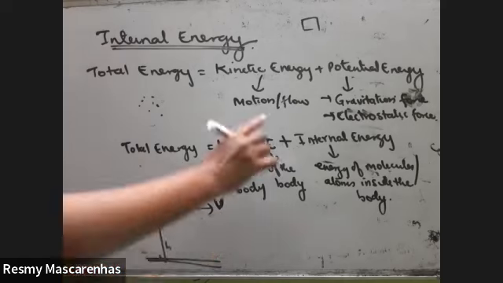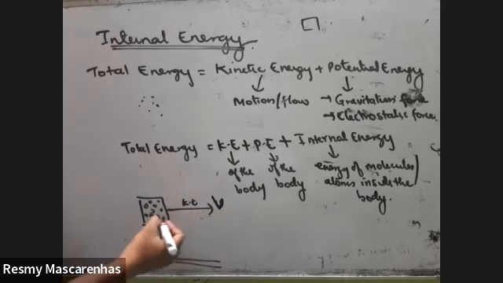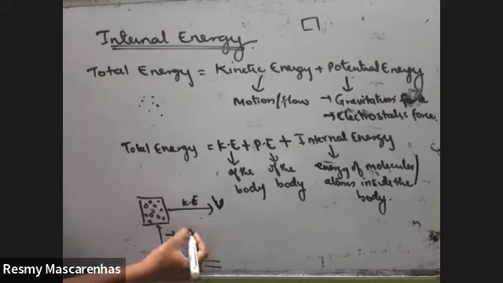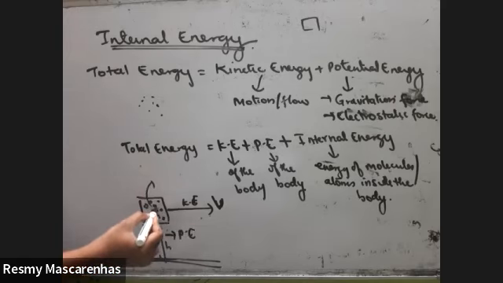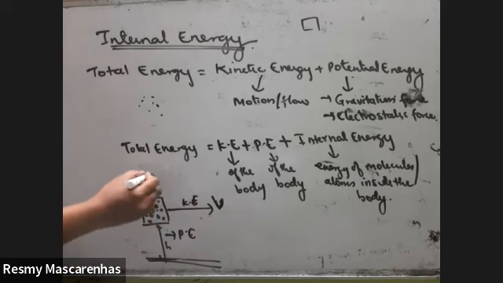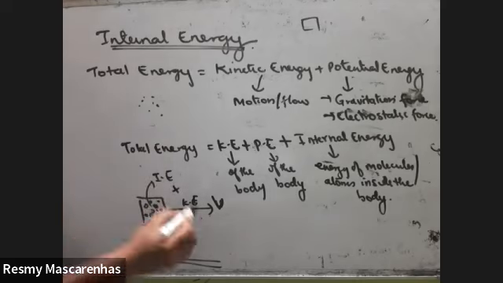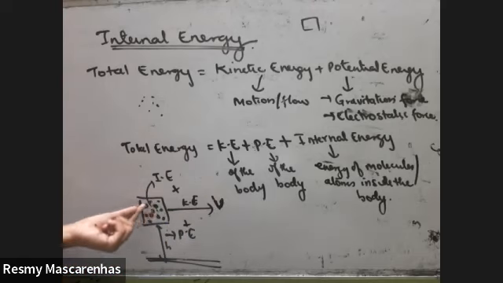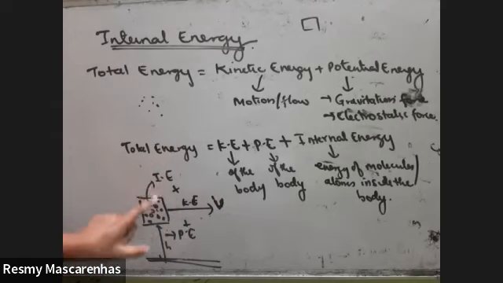It is at a height, so gravity is pulling it down, so it is under gravitational force also, and it has potential energy. Plus these molecules have their own internal energy. So total energy of the whole system is all three: kinetic, potential, plus the internal energy of the molecules.